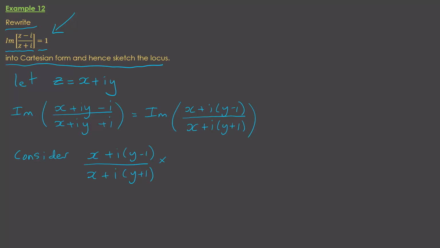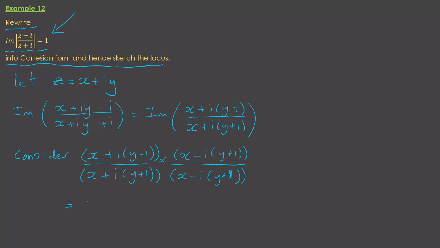Let's multiply top and bottom by the conjugate of the bottom. So that's going to be (x minus iy plus 1) over (x minus iy plus 1). Let's just put a bracket around that, and then we need to do some expanding out.